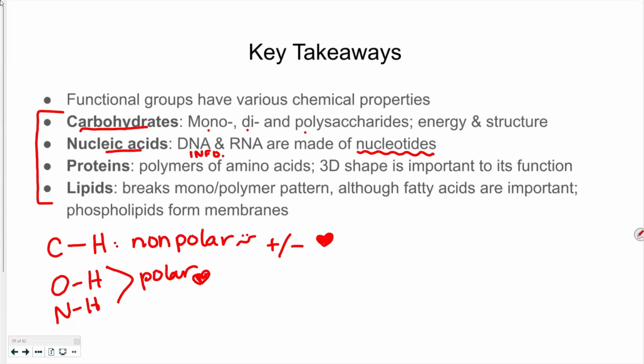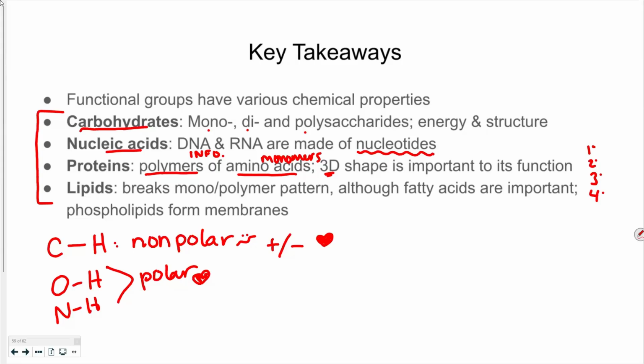Okay, proteins are made up of amino acids, so these are monomers, and form follows function. So our three-dimensional shape, our primary, secondary, tertiary, and quaternary structure is really important for the function of that protein.